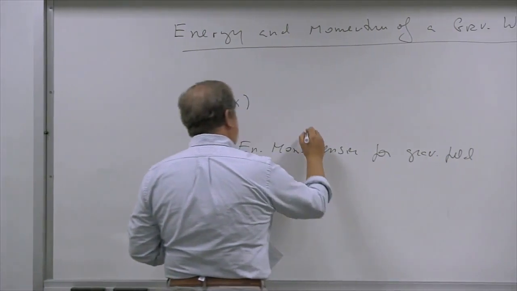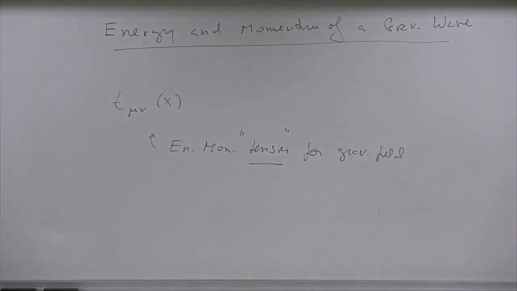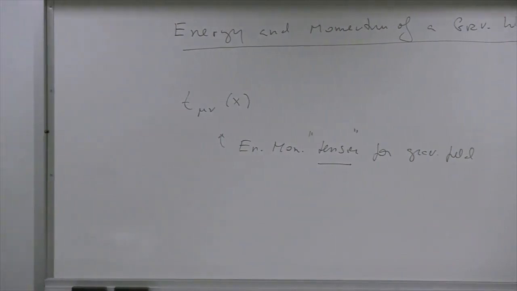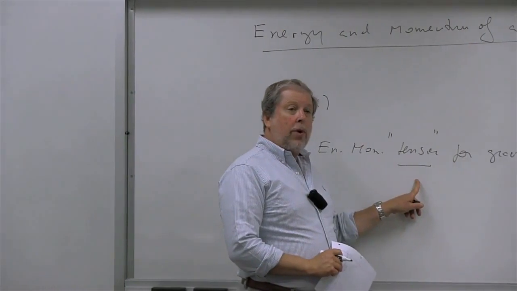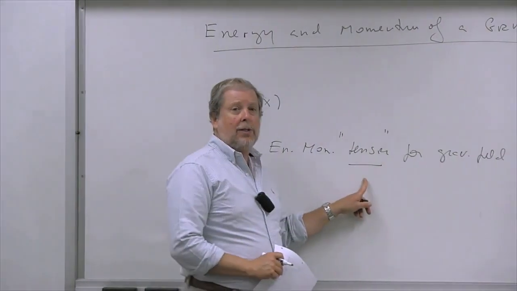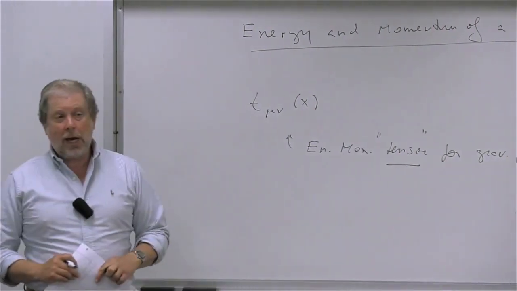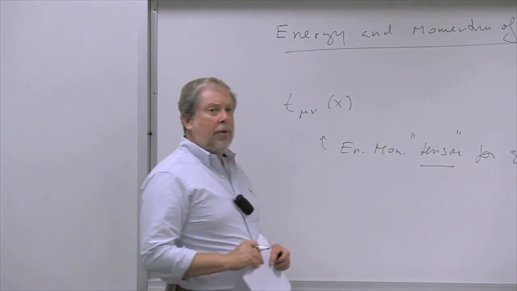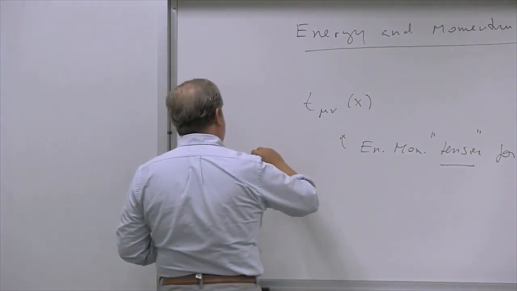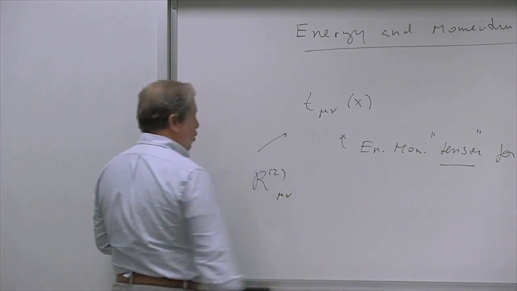We have to put this in quotes because we're referring here to basically Minkowski space, not a genuine tensor under general coordinate transformations, but just an object that has two indices and behaves like a Lorentz tensor of some sort.